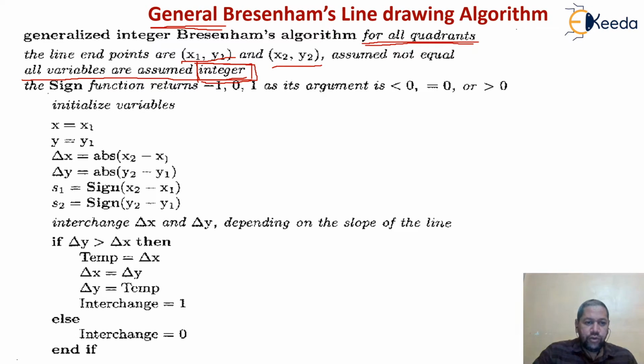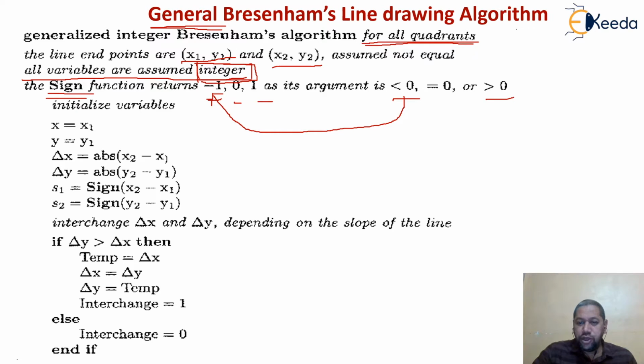Okay, now we are using this sign function. The sign function returns -1, 0 or 1 as its argument is less than 0, equal to 0, or greater than 0. If it is less than 0, it is going to return -1, indicating that I have to decrement the value. If it is equal to 0, there is no need to increment or decrement the value.